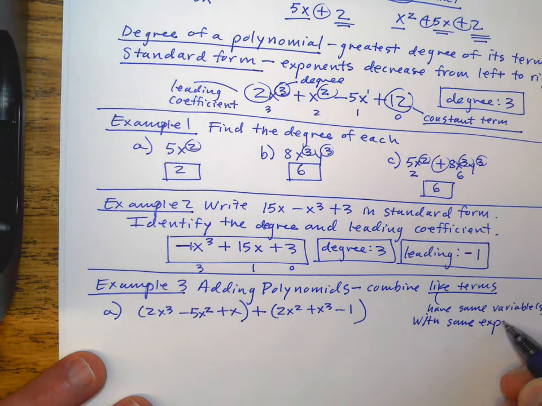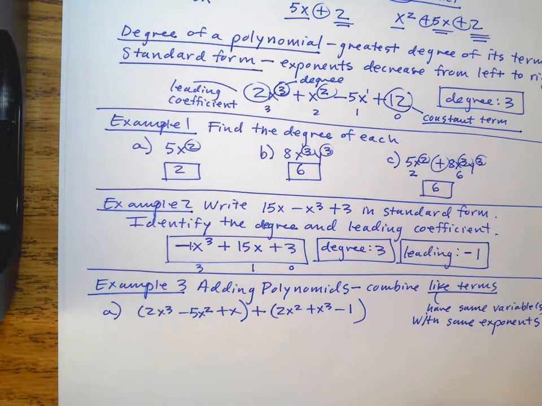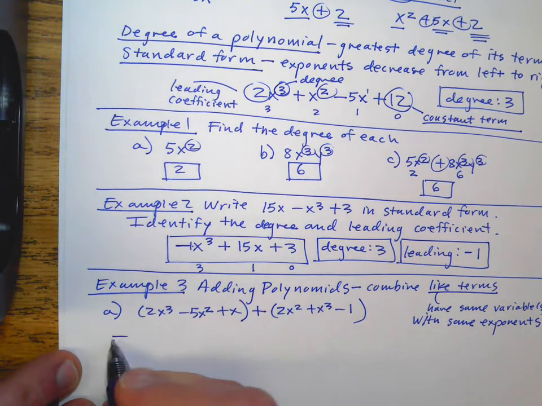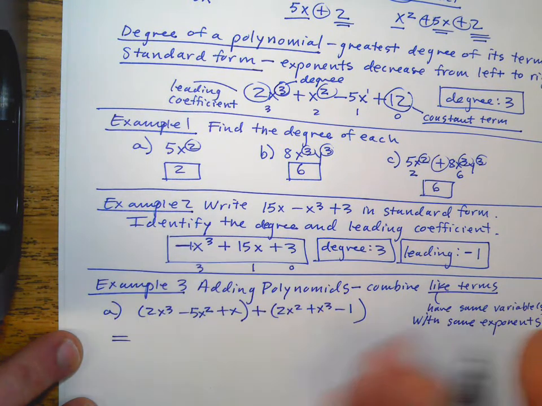So they got to match up. Like terms are terms that look like each other as far as the letters in them and the powers on the variables. What I would recommend doing, just to make it easier, is to rewrite this with the like terms from highest to lowest be next to each other.